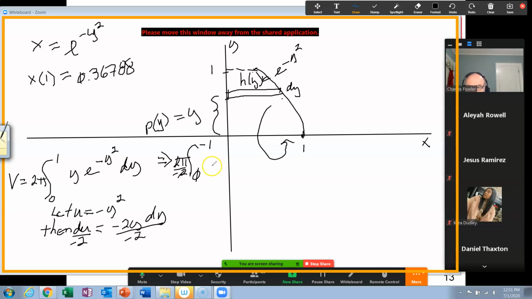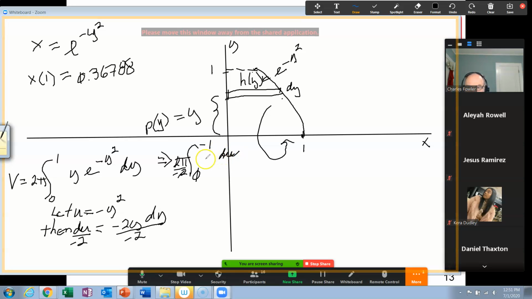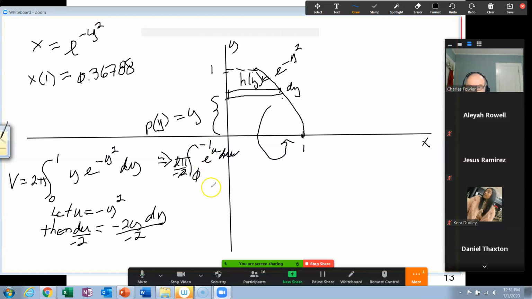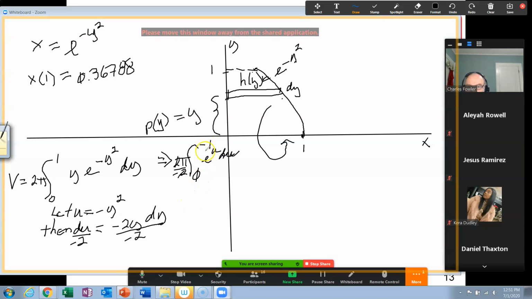Then we have the negative 1/2 out front, so the y dy over negative 2 is du, and this is e to the u du. Now, the thing I don't like about this is that the limits are reversed.